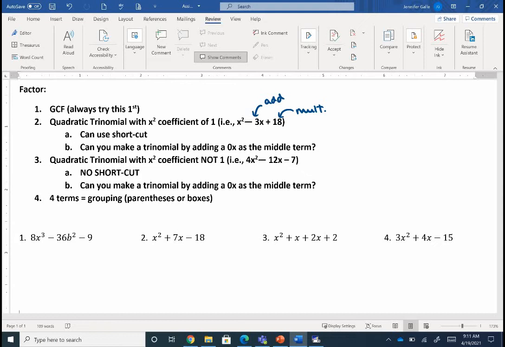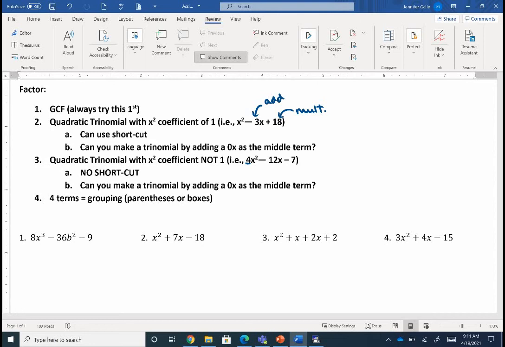Now we also had our quadratic trinomials. I'm on option 3. We also had the quadratic trinomials, but our x squared coefficient is something other than 1. The example I have in parentheses, the x squared coefficient is a 4. It doesn't have to be a 4, it just has to be something other than 1.